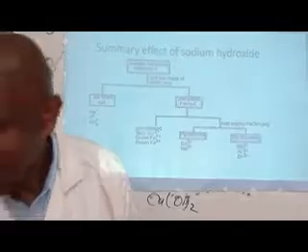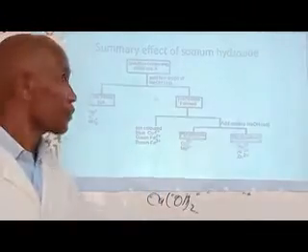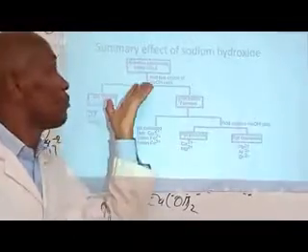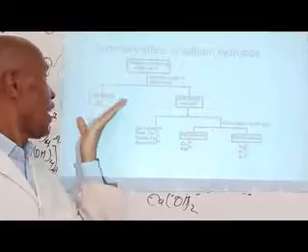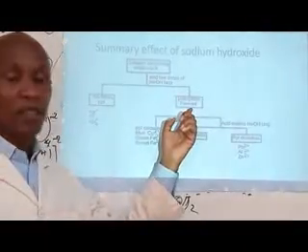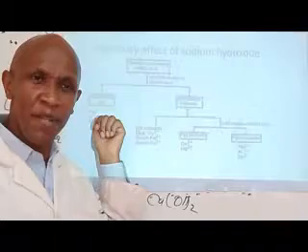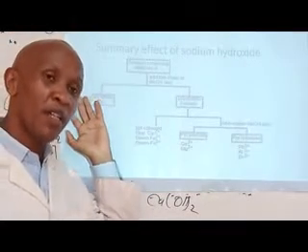Now the chart I have here is a summary of what we have been talking about. So your solute contains cations X. You add a few drops of sodium hydroxide solute. What do you expect? Either no white precipitate or a precipitate can be formed. So if there is no white precipitate with sodium hydroxide, remember what does that mean?